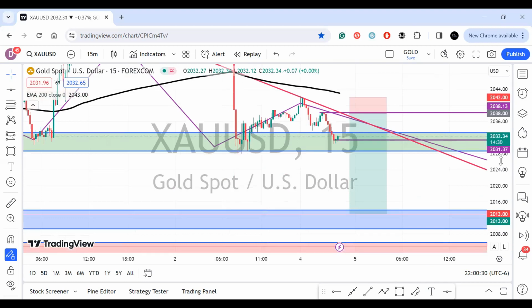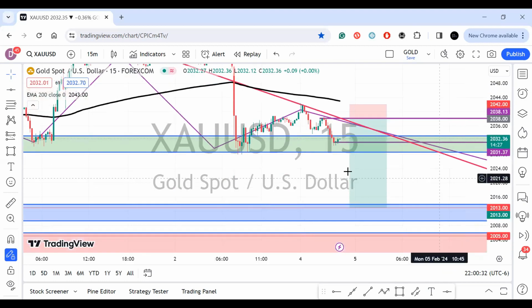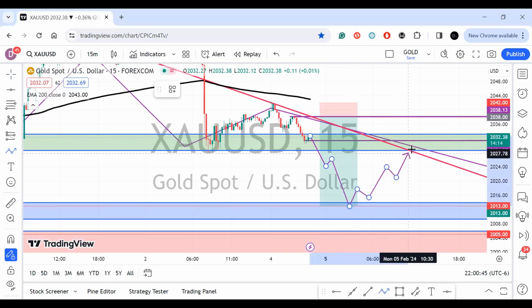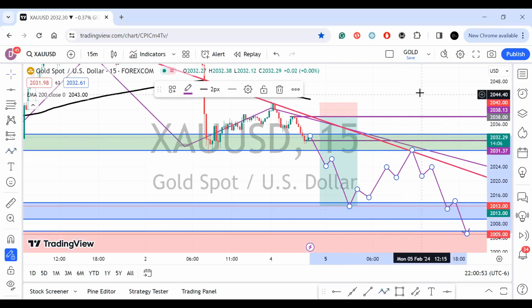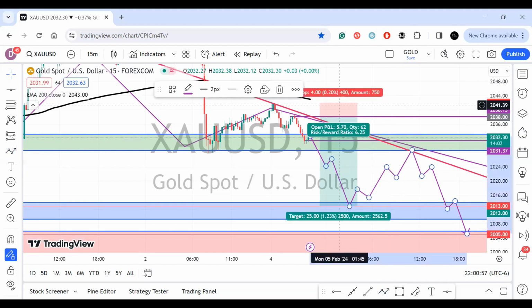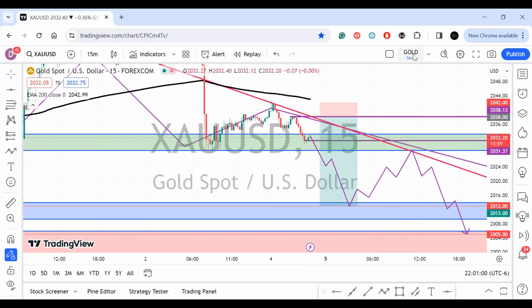So I want to see price drop, come here, then maybe push back up around this area, then I want to see price finally come back to this daily low. Yeah, so this is my overall outlook on gold.